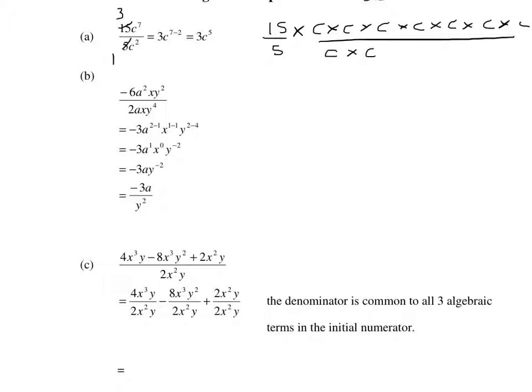So we get a little bit of cancelling out going on there. So that's our 3 coefficient, and a couple of the c terms will cancel out, and then we're left with c times c times c times c times c, c multiplied 5 times, so c to the power 5. So the answer becomes 3c to the power 5.